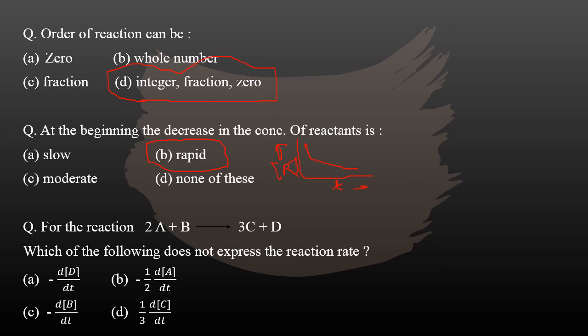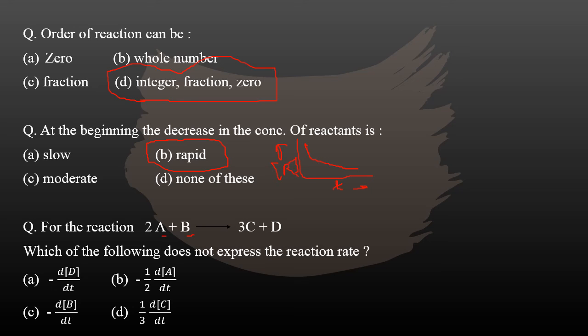So among the following, here A and B both are reactants, and we know that when a reaction is proceeding and the concentration of reactant decreases, then the rate of reaction is denoted by a negative sign for the reactant terms.